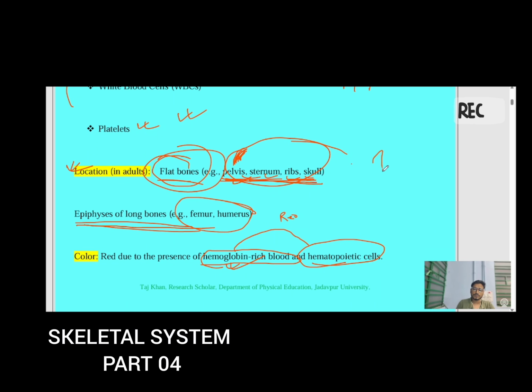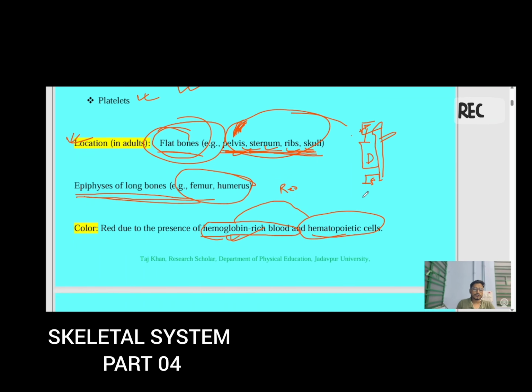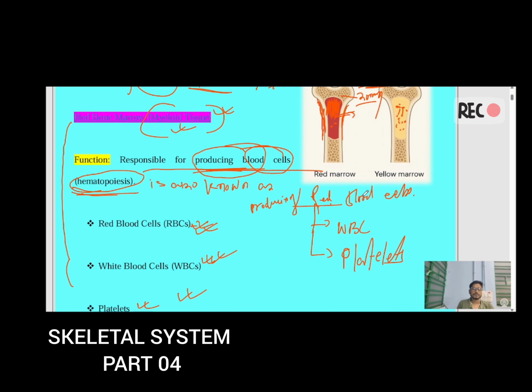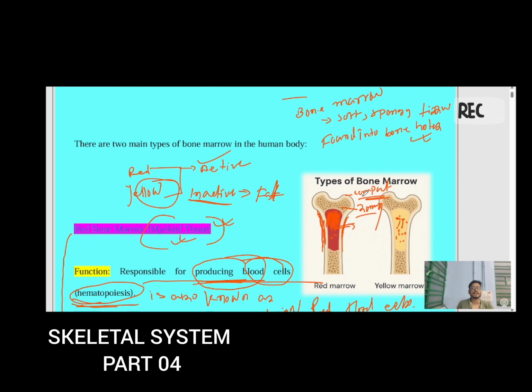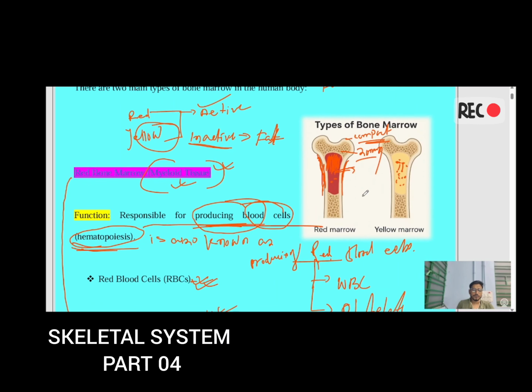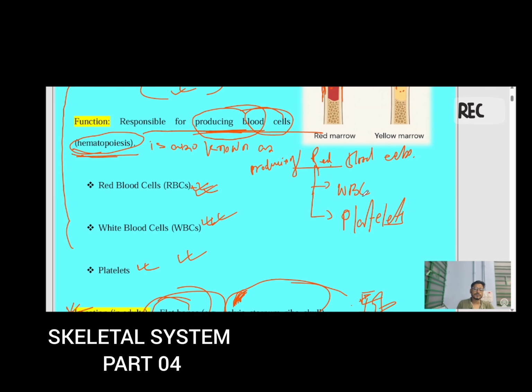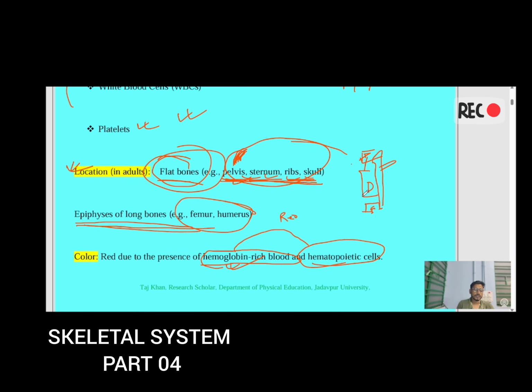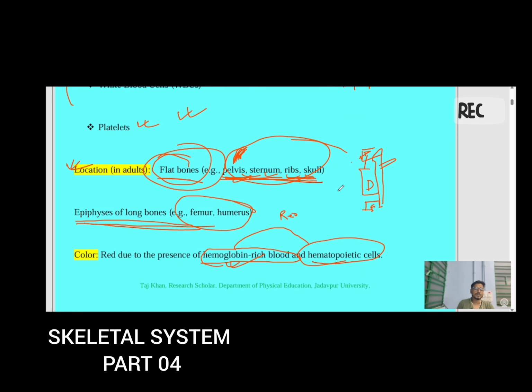If it is a long bone, then there is a part called the diaphysis, and here is the epiphysis. Okay, epiphysis. So, all those things. Right now, here come the MCQ questions. We will get lots of MCQ questions in the examination, like what is responsible for the bone marrow, what types of blood cells, and what is the location of the bone marrow, epiphysis, the femur or humerus.